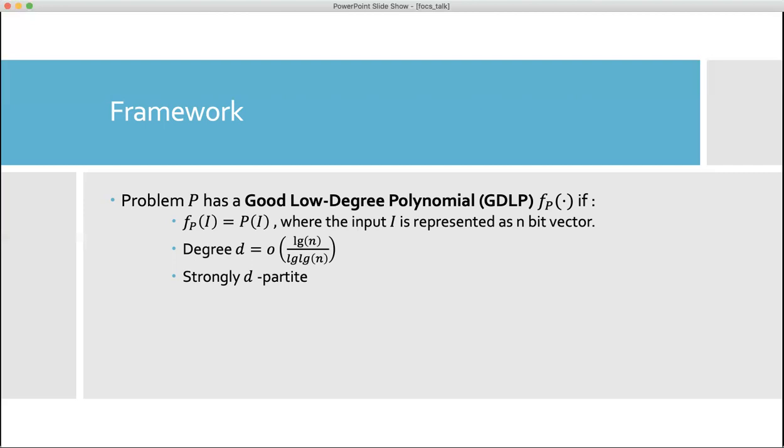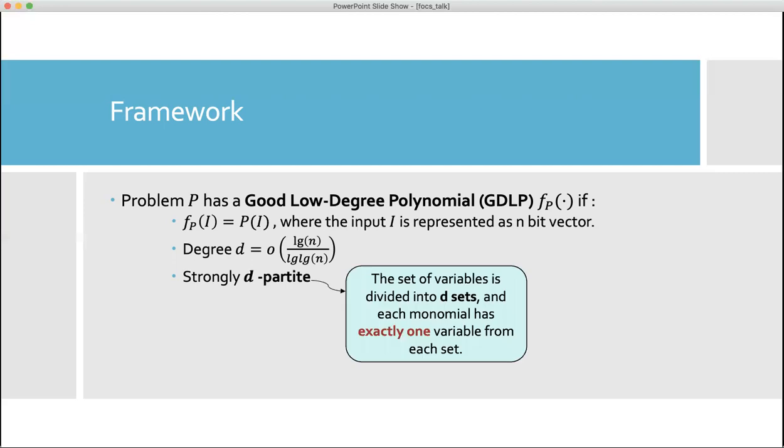And finally, we want it to be strongly d-partite. It means that we want the set of variables to be divided into d sets, and we want each monomial to have exactly one variable from each set. This is the definition of being d-partite for a polynomial.